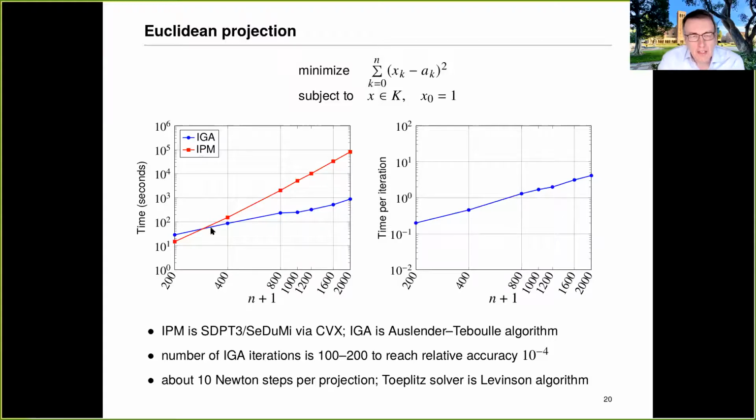With this IGA method and the Itakura-Saito distance, we have something that's almost n squared, actually a little bit less than order n squared. This is the total time, and this is the time per iteration. So that's actually the first application.